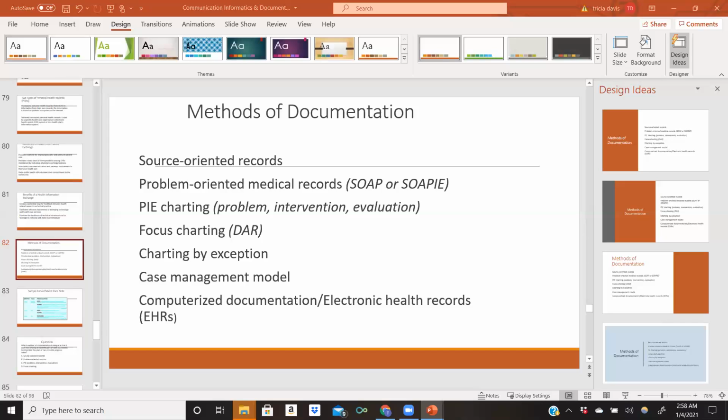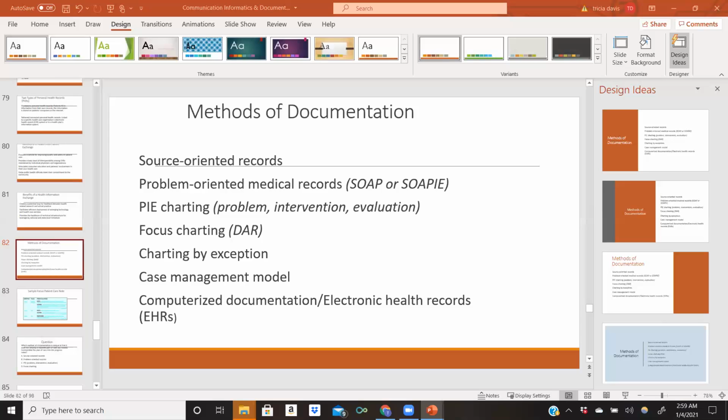The provider documents any patient problems that they identify through these assessments. They become numbered and documented in the progress notes, and they work up plans using the problem, intervention, and evaluation format, PIE. And they are evaluated each shift. Problems that are resolved are dropped from the daily documentation, and continuing problems are documented and numbered each day.